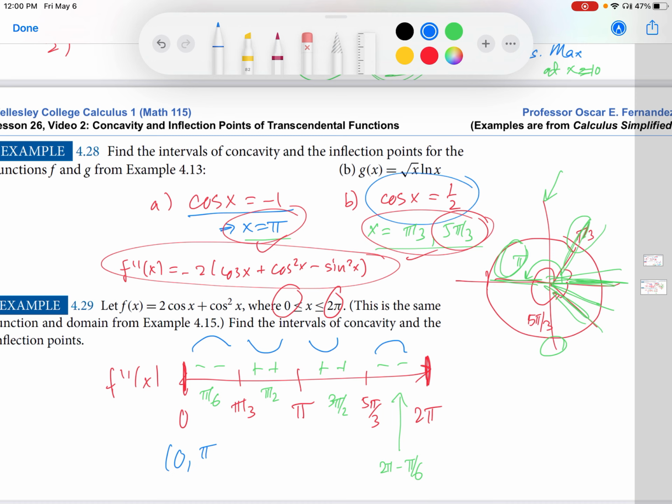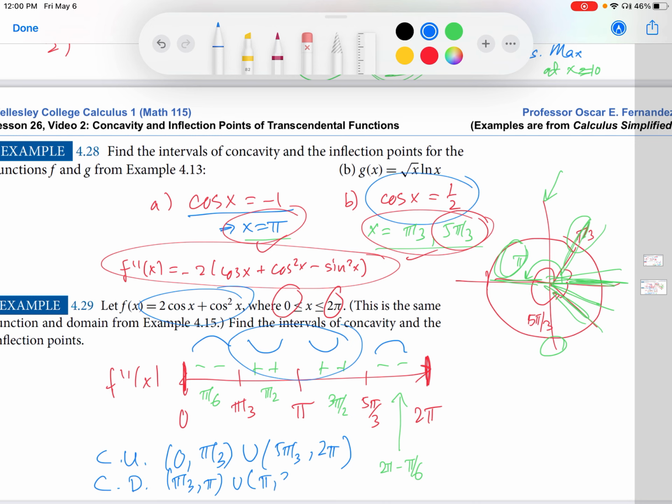From 0 to pi over 3, and 5 pi over 3 to 2 pi, the function f of x, 2 cosine x plus cosine squared x, is concave up. Concave down, right, is everything over here. So that's pi over 3 to pi, and pi to 3 pi over 2.